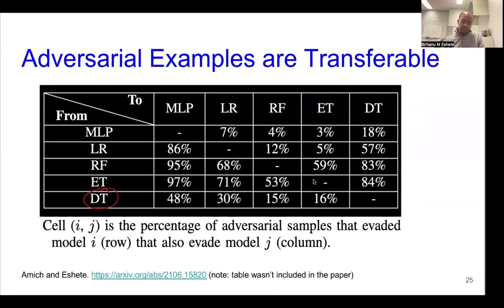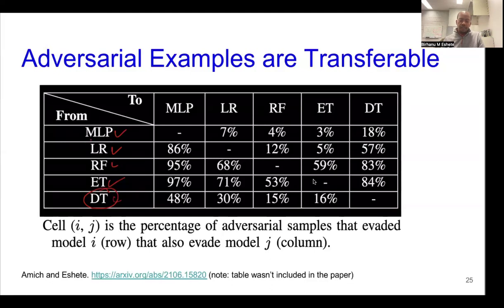And this is a study that we made back in 2020, where we looked at multi-layer perceptron, which is the kind of deep neural network that we discussed in the previous lecture, logistic regression, random forest, ensemble trees, decision trees, and so on. We looked at the transferability of adversarial examples, for instance, taking the multi-layer perceptron as a source and logistic regression as a target model.